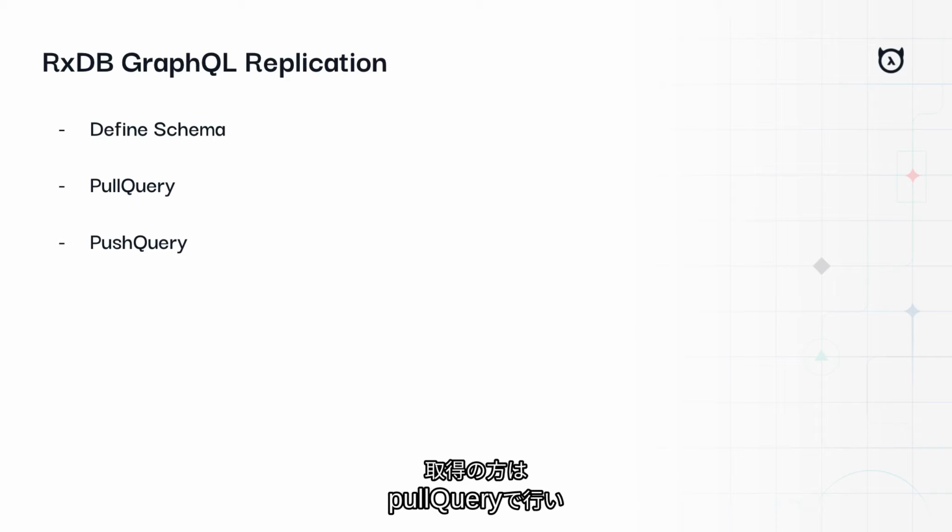The fetching bit can be done through a pull query, which is a function that RxDB exposes for you to make data sync with the server. The pull query will actually make a call to the server, get the data, and then store it locally.